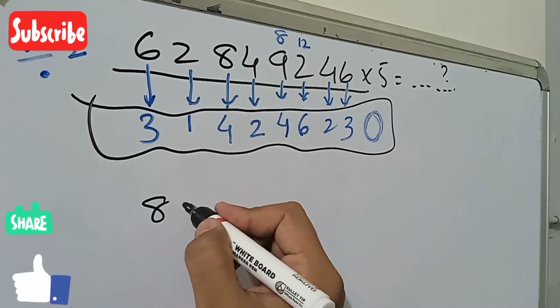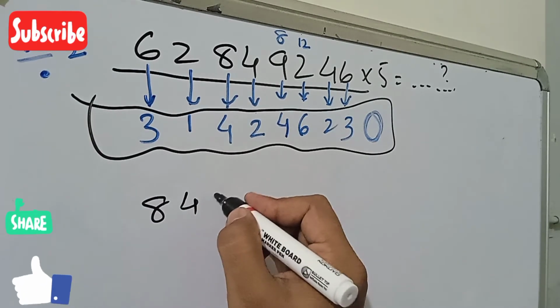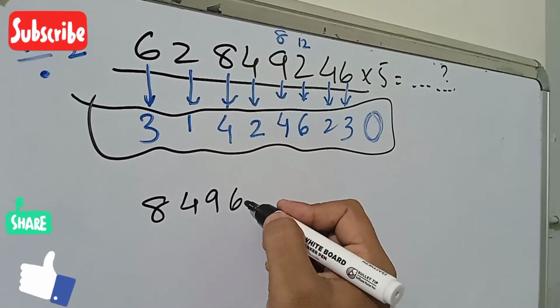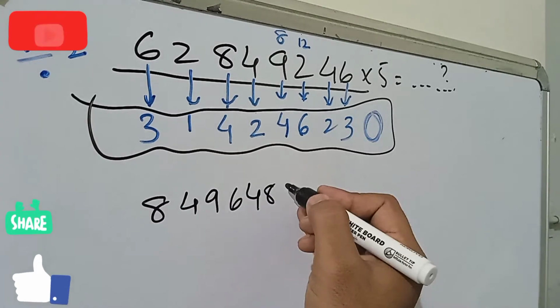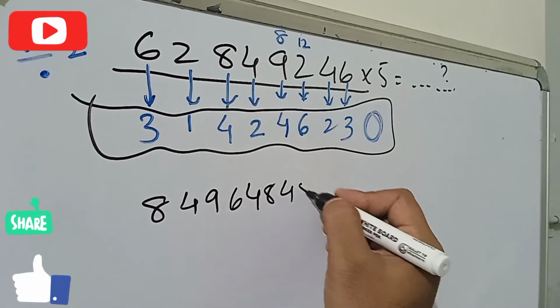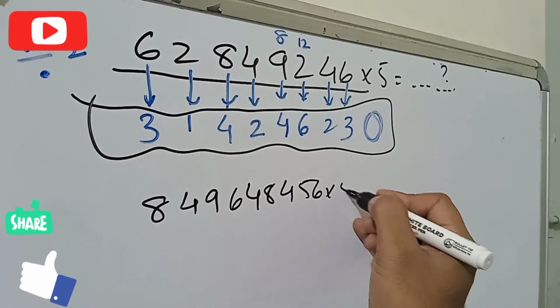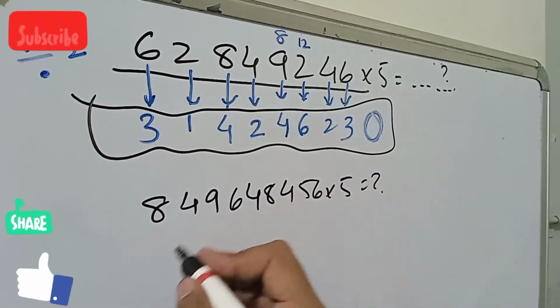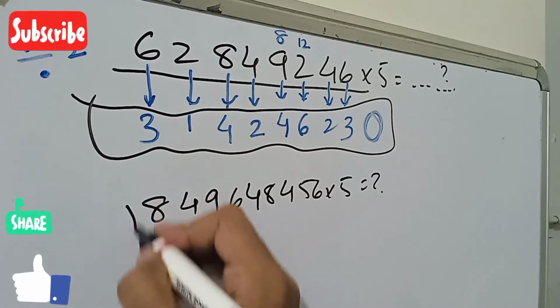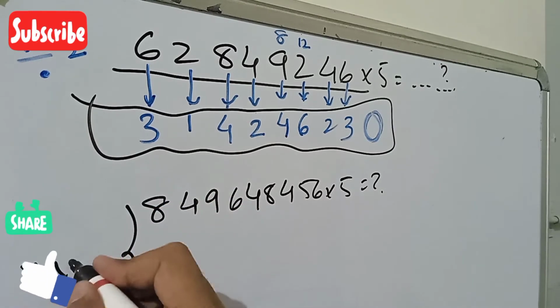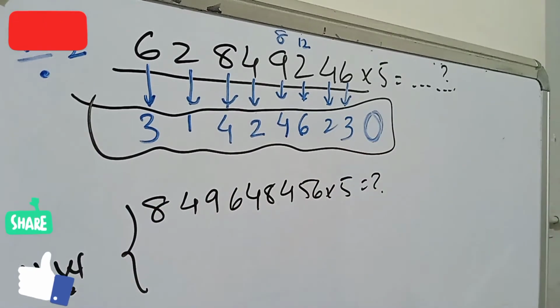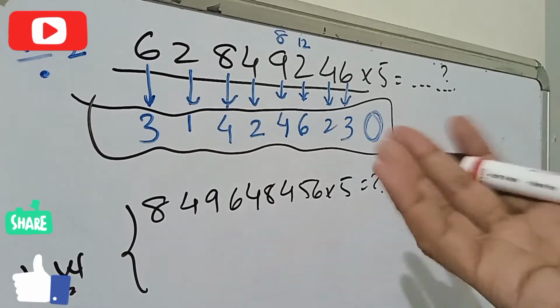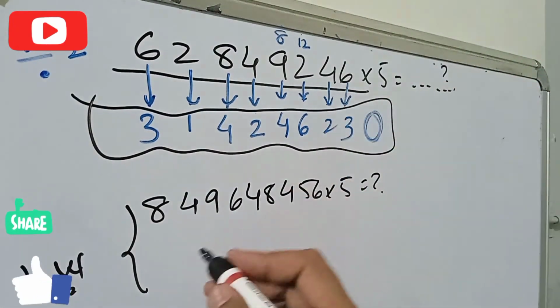The second example is 8496 84 456 multiplied by 5. Then again you have to write down. Try. If you are not trying this particular thing, then you will not get this particular technique.